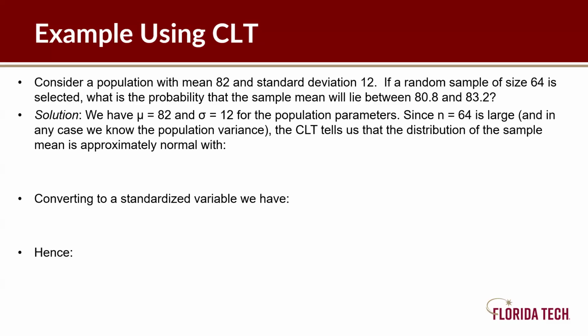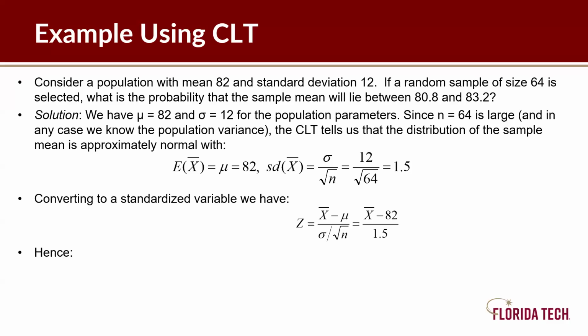Well, we have mu equals 82 and sigma equals 12 for our population parameters. n equals 64 here. The central limit theorem tells us the distribution of the sample mean is going to be approximately normal with an expected value of 82. That's the population mean. And a standard deviation of the population standard deviation divided by the square root of sample size. So that'd be 12 over the square root of 64, which would be 1.5.